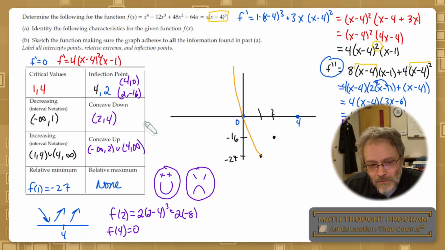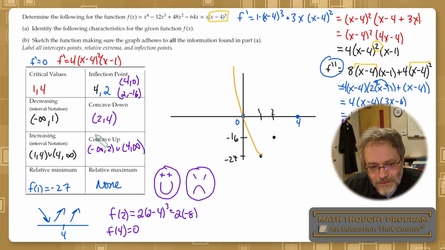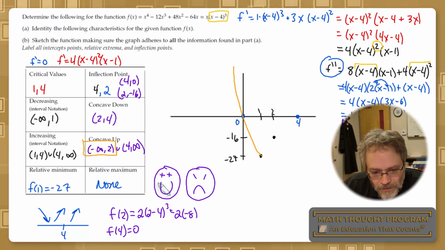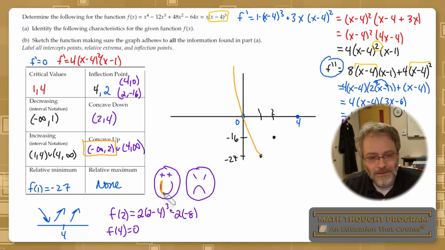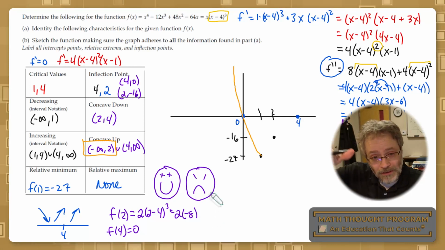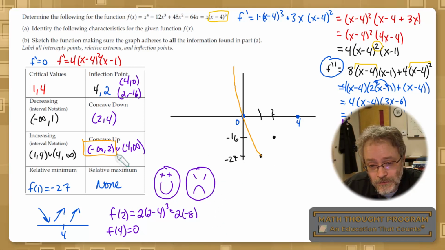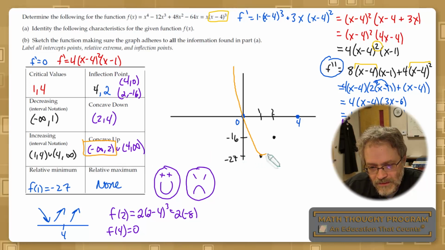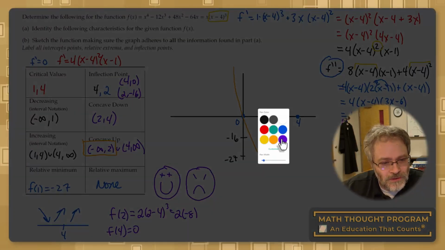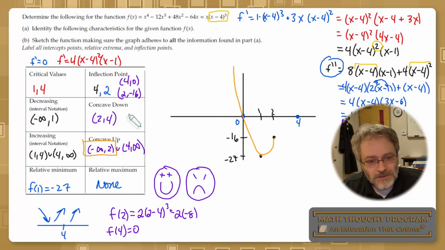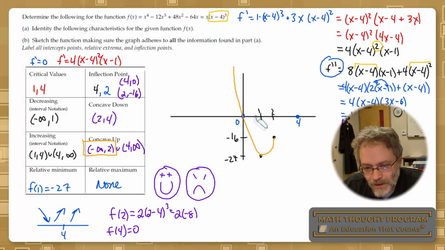And notice how we are concaved up. It's that part. And I want to make it all the way up to the other side. It still needs to be concaved up until I get to 2. And when I get to 2, the concavity changes. So from 2 to 4, I'm going to put a bend in it.